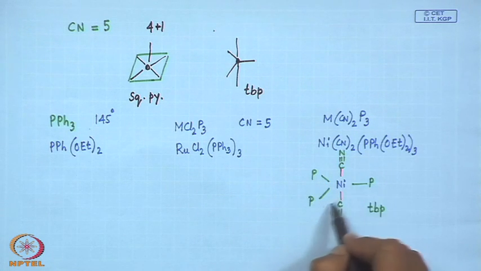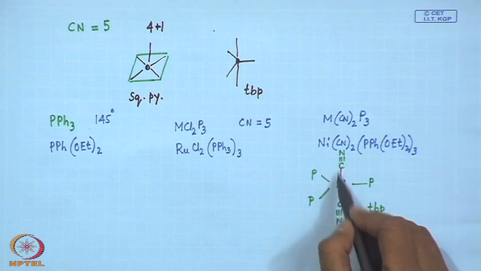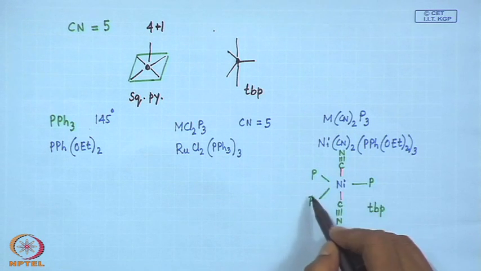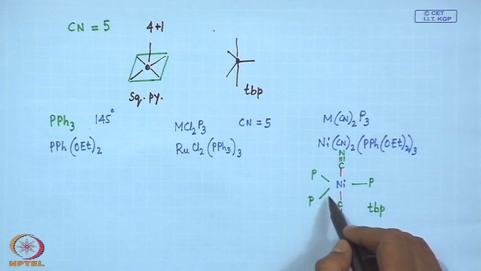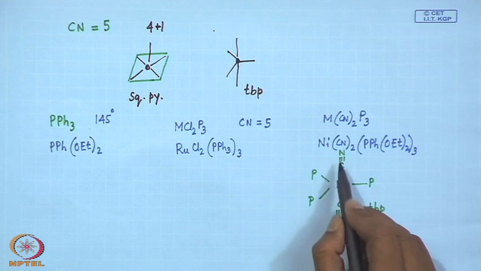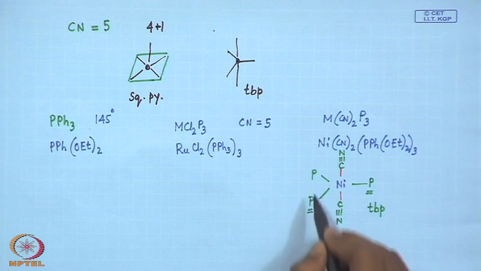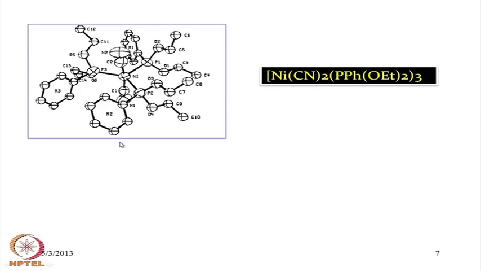So, the repulsion is there still because they are 120 degree apart, but in this particular case they will be 180 degree apart, but still they will not go for the corresponding species, because the nickel can have the possibility of getting the corresponding compound as NiCN2 PPh3 2, because these phosphine groups are neutral ligands. But when they try to expand their coordination number from 4 to 5, they basically go for the corresponding coordination number of 5. So, this is a good example for a coordination number of 5.